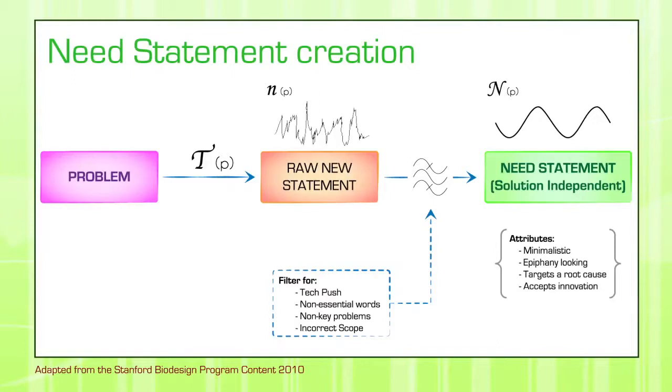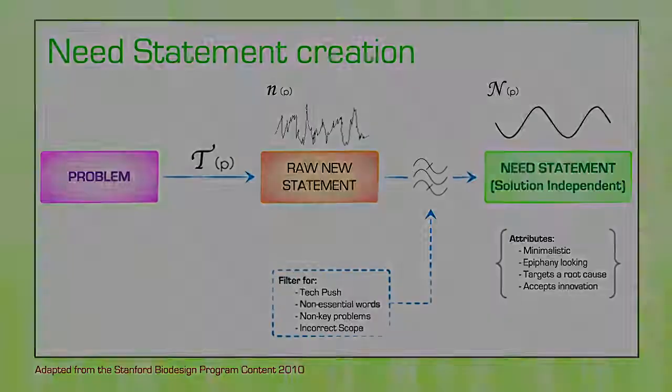A really good need statement almost always pops from the page. When you read a really well developed need statement, the innovator is going to know exactly what type of things they have to develop to solve the problem. And that's kind of a validation of how to do good need statements.